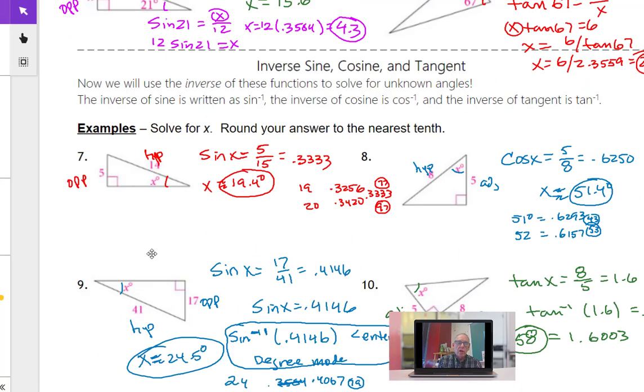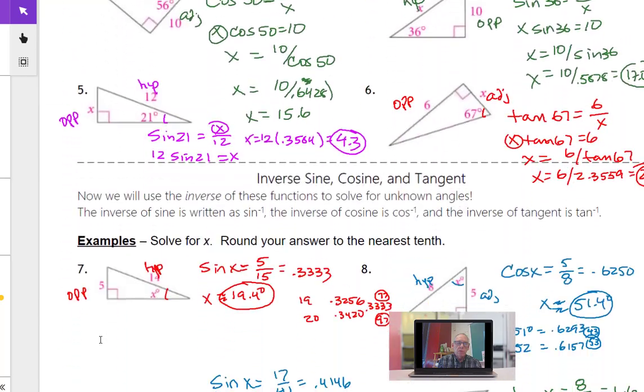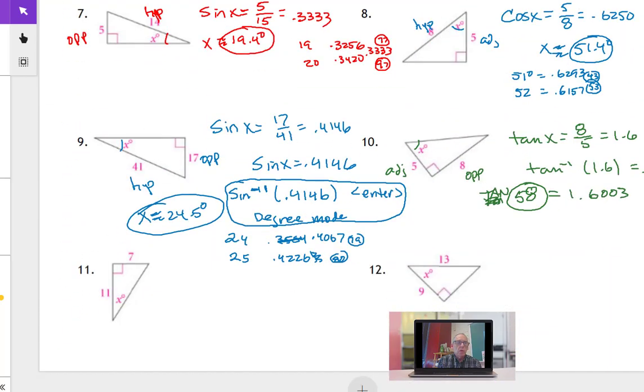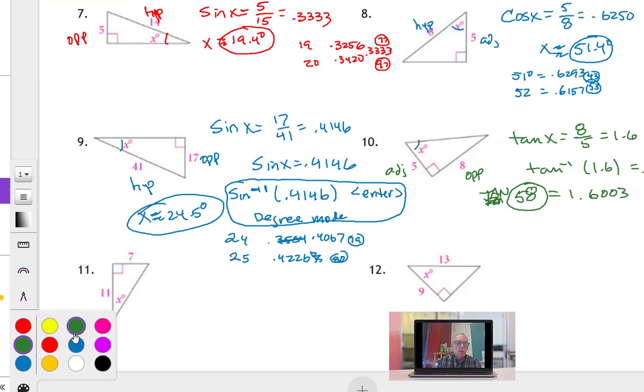Let's look at number 11. Number 11, here's our reference angle. 7 is an opposite. 11 is an adjacent. So we have opposite adjacent, set up a tangent ratio.